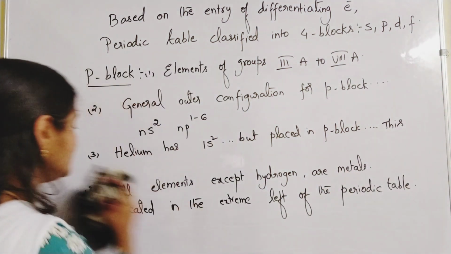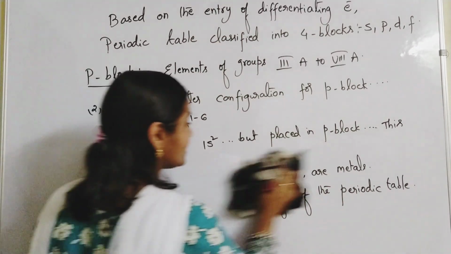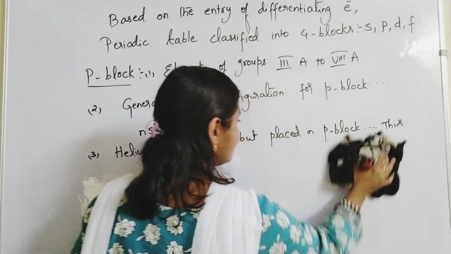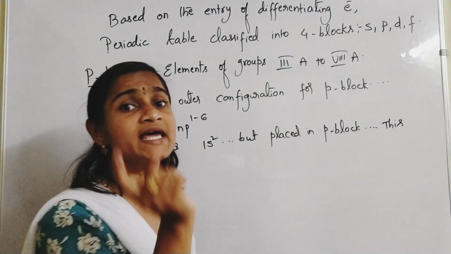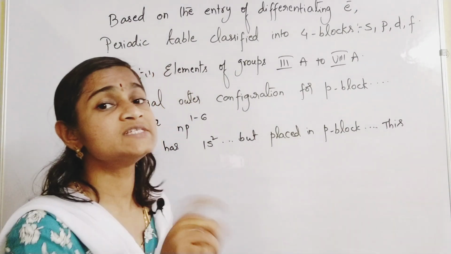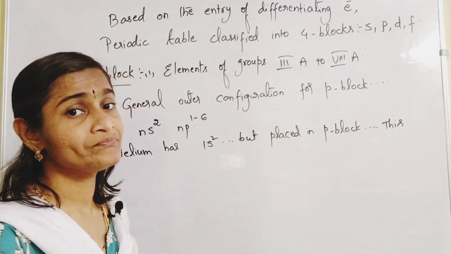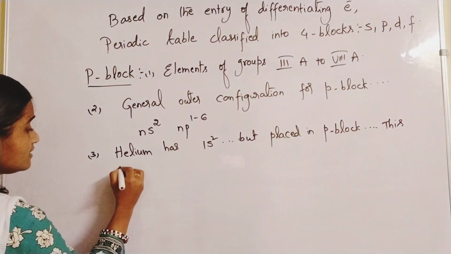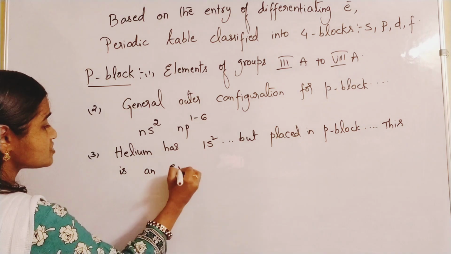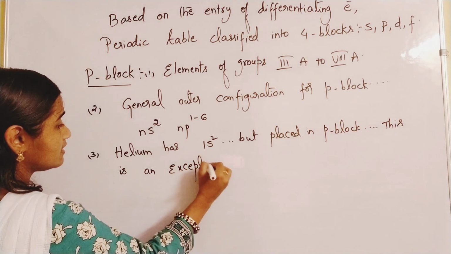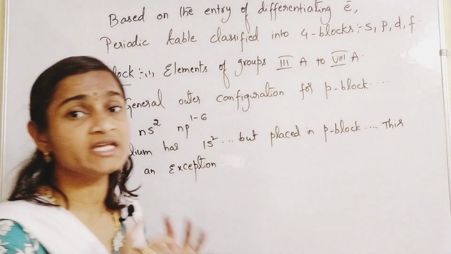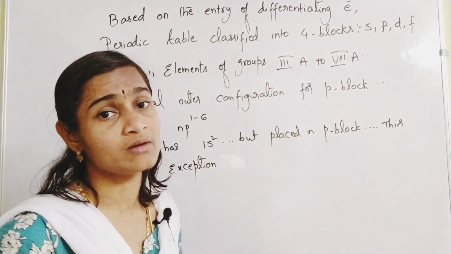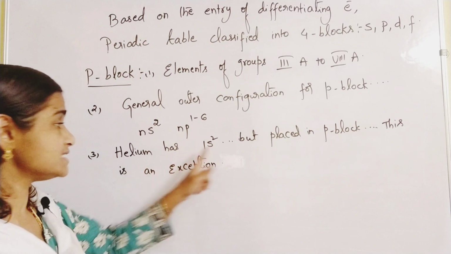This point also you need to mention. Even though the differentiating electron is entering into S subshell, it is placed in P block. Please remember that point.